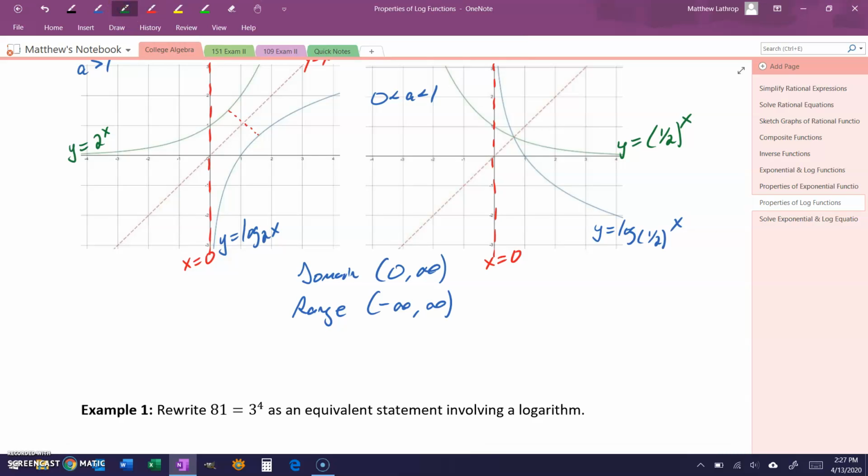In the first case, where a is greater than 1, we see that our function is increasing on 0 to infinity. And in the second case, where a is between 0 and 1, we have a decreasing function. So whether we're talking about exponential functions or log functions, that value for a determines whether it's increasing or decreasing.